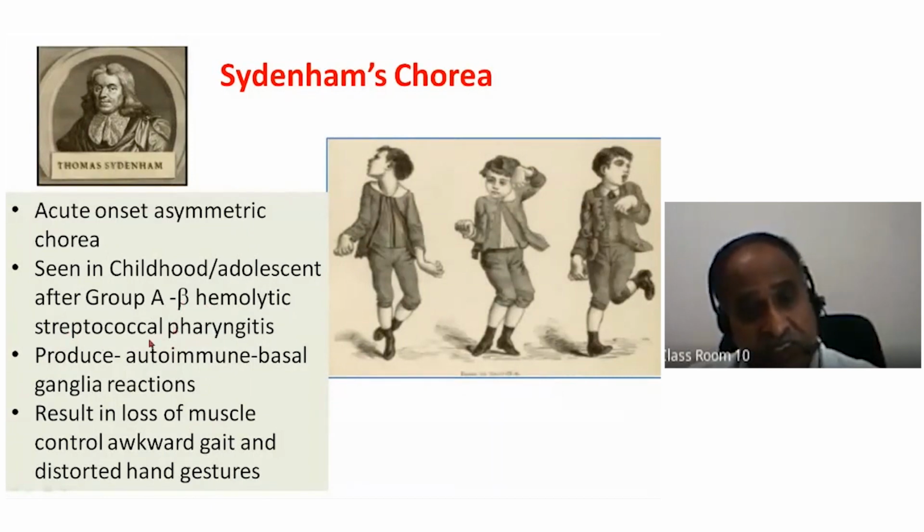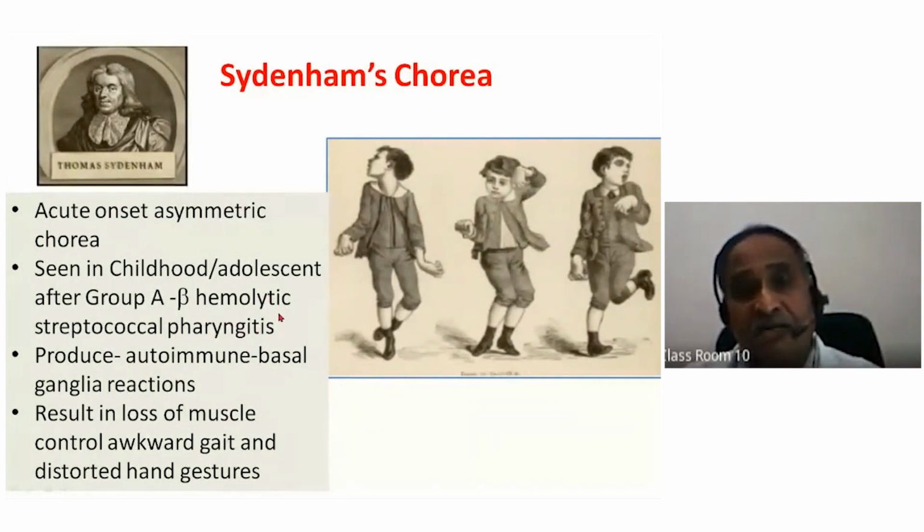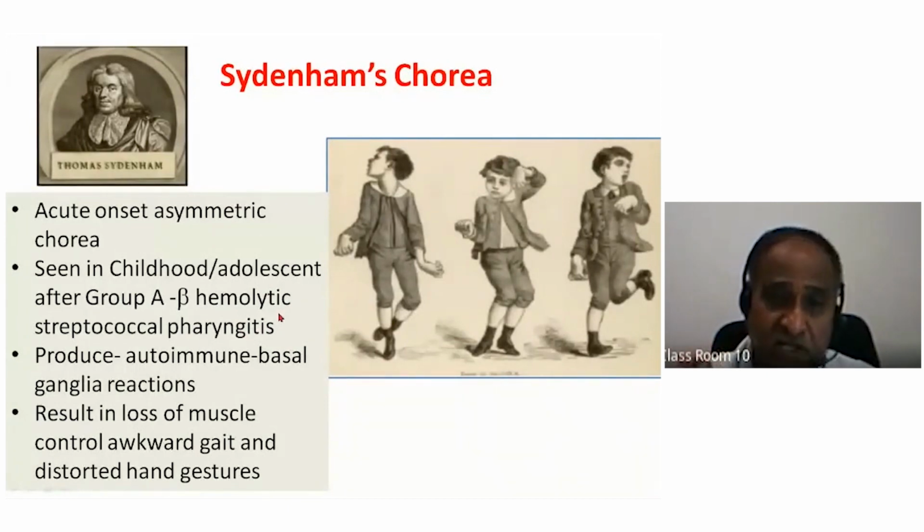What happens? It produces immunological responses and destroys the putaminal circuits or the basal ganglia circuits, or suppresses them.